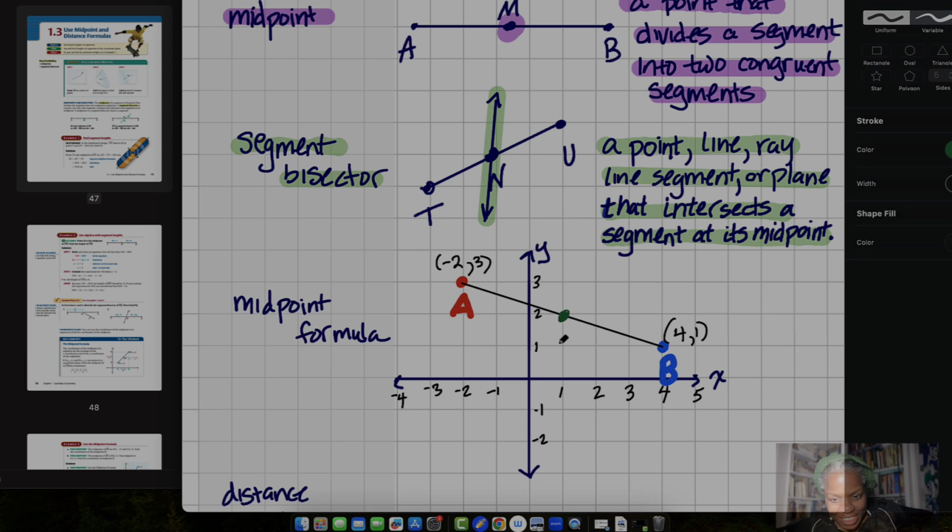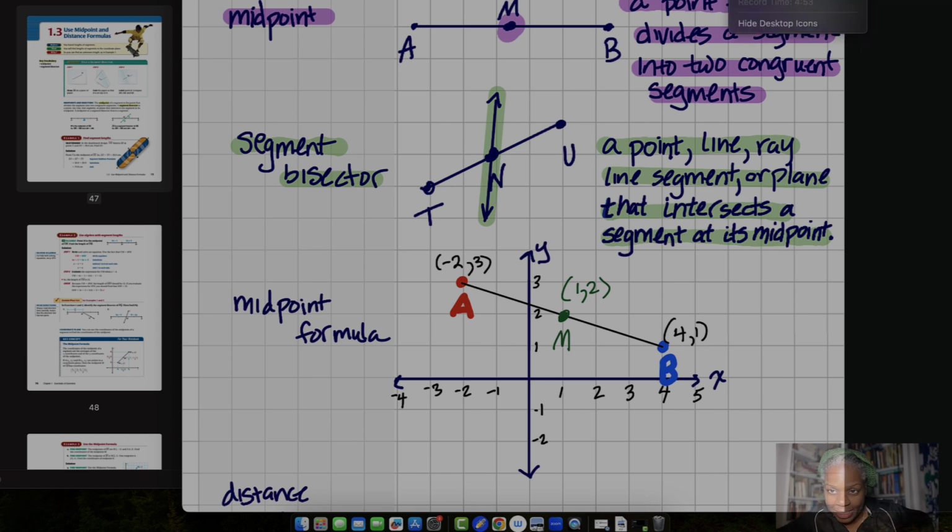What we're going to do to find this midpoint, let me call it M because that's a better letter for a midpoint, is figure out how we can do it without eyeballing it, drawing lines, and figuring out where it is. This point, by the way, is at (1, 2). Can you see any relationship between the coordinates of A, the coordinates of B, and the coordinates of the midpoint M? That's what the midpoint formula is about. So here's what I want you to do. Write this formula down, please.